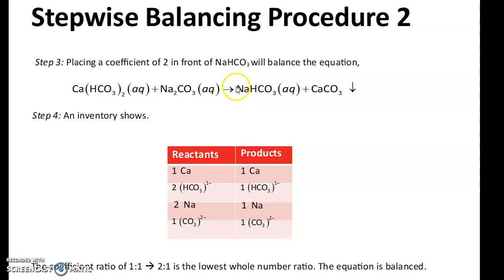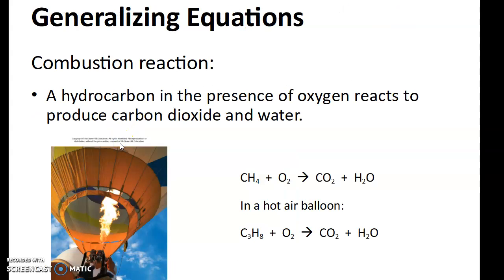There should have been a 2 right here, right? Okay, so that's the only change that you. I'm sorry. Yeah, there has to be a 2 right here for this to be balanced. Okay, so the coefficient ratio 1 to 1 going to 2 to 1 will balance the equation. And again, I apologize for that mistake being there. They do not allow me to correct these or change these slides.